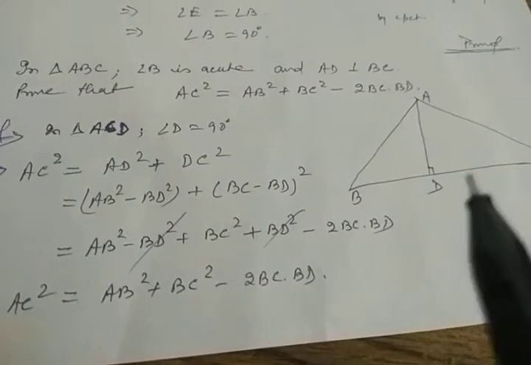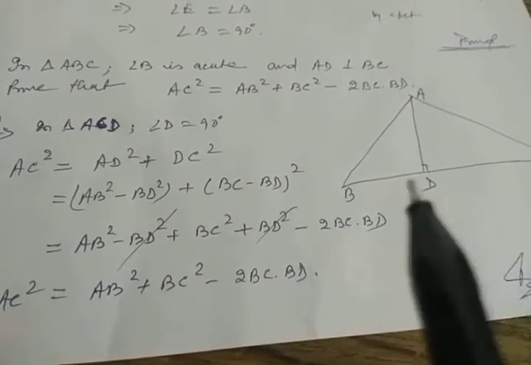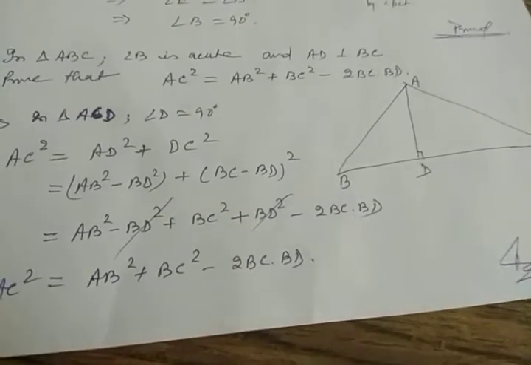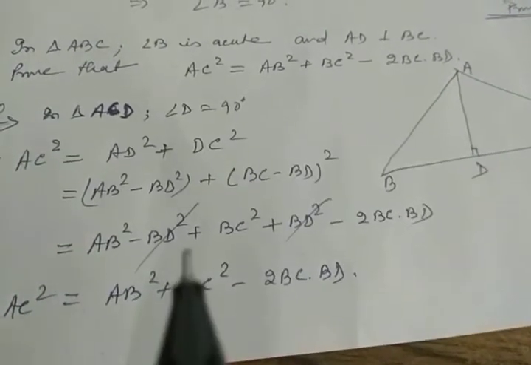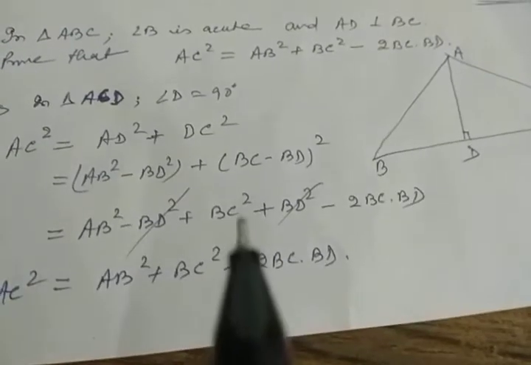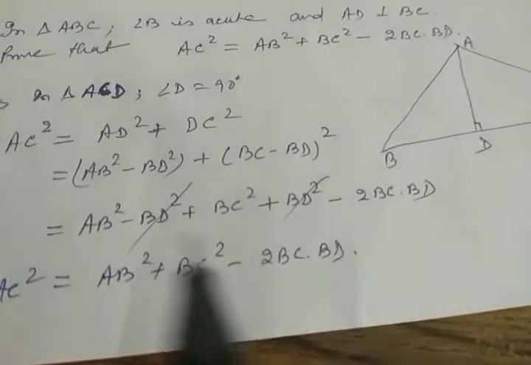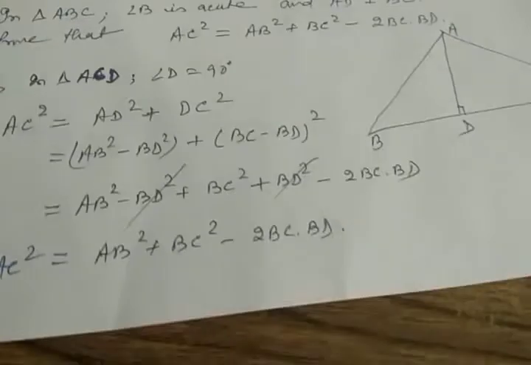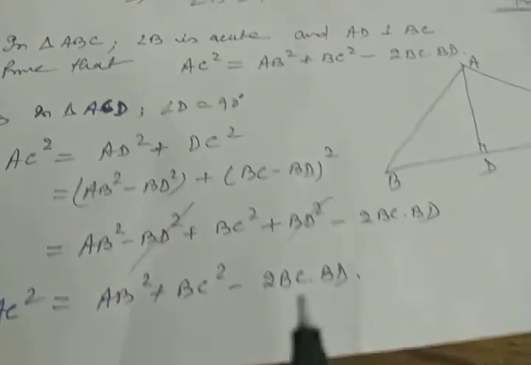And DC can be written as BC minus BD. Clear? So here it is AB square minus BD square, and the whole square can be expanded: BC square plus BD square minus 2BC into BD. Now BD square cancels, hence your result: AC square is AB square plus BC square minus 2BC into BD.